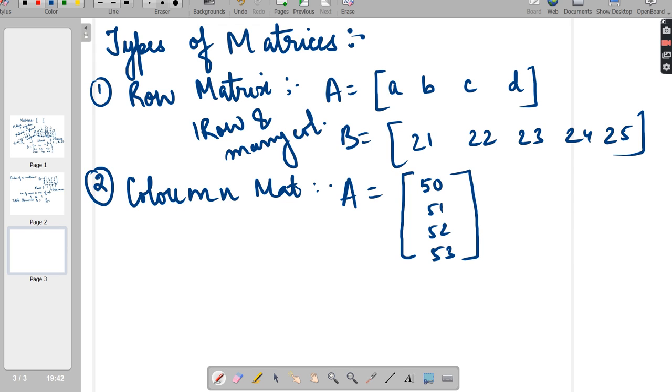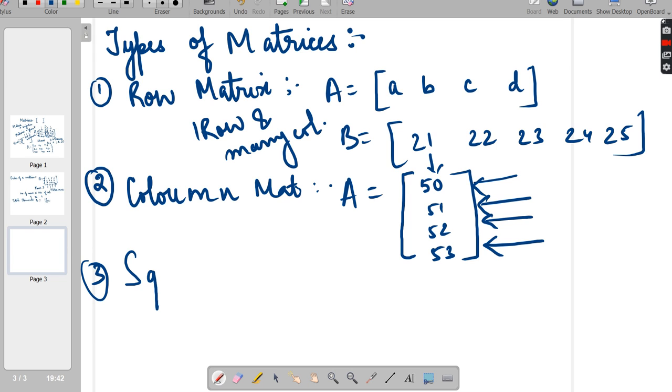So column matrix is such a type of matrix where you have elements placed in a single column but many rows. The rows can be any number of rows and column will always be one only. So column matrix is the matrix which has elements in a single column but with multiple rows.